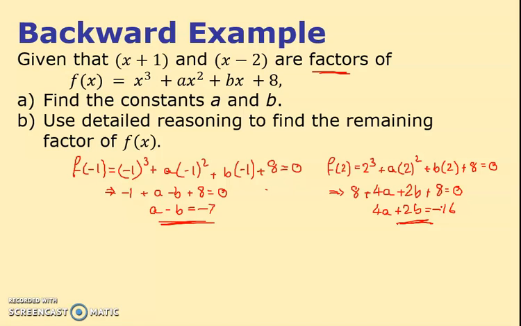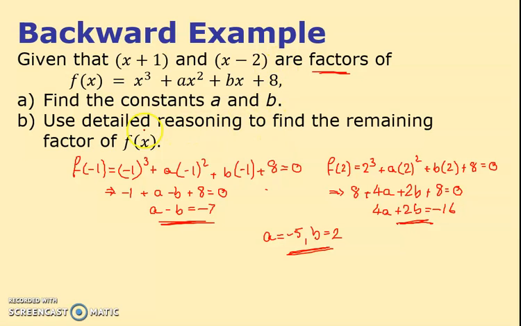I've got 4, plus 2b, so 2, and equals minus 16, so negative 16. I press enter, and now I just press enter again. My first one is minus 5, so a is minus 5, and b is plus 2. And hopefully that solved them correctly. You can check those if you wish.